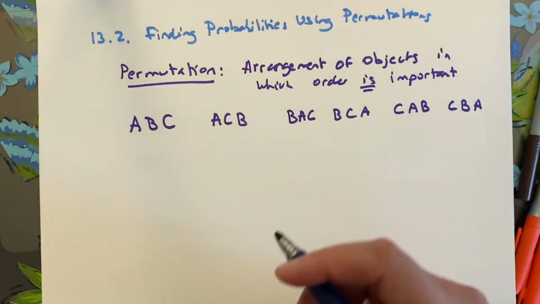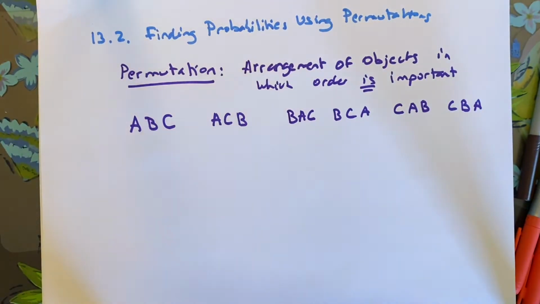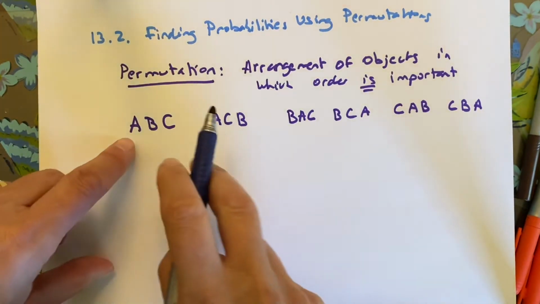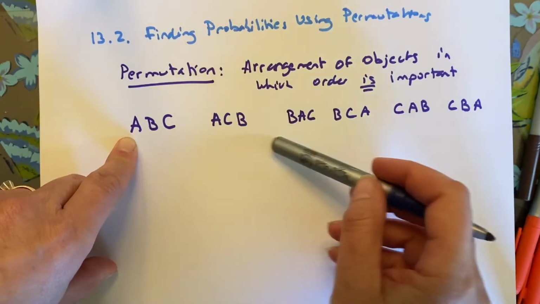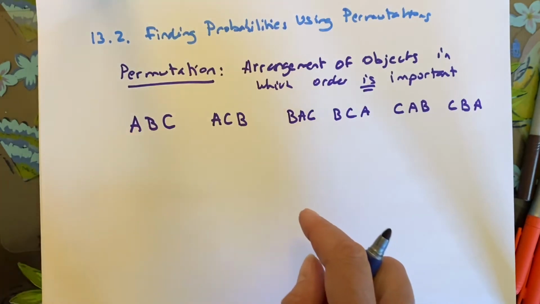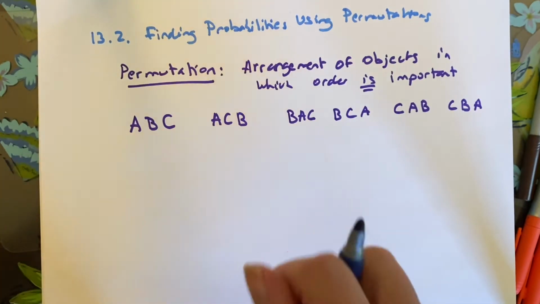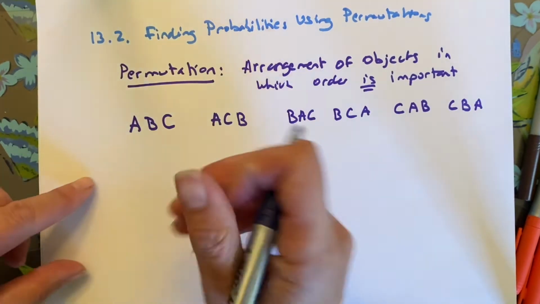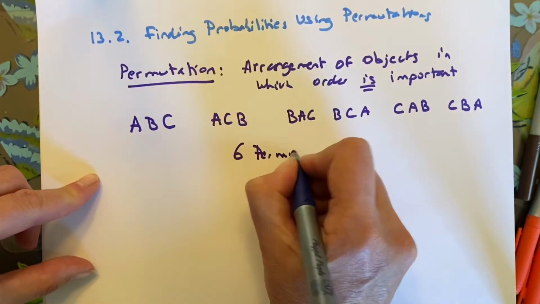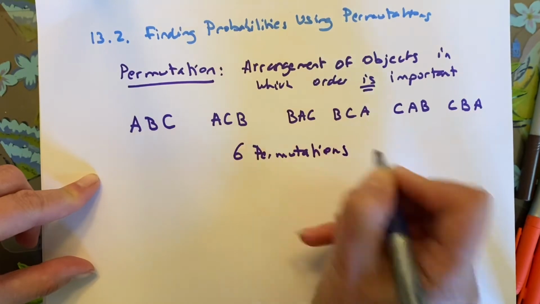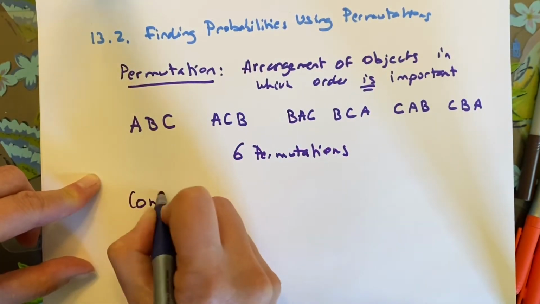But if we were talking about a combination, then we would say there's one combination. It doesn't really matter as long as you have the letters A, B, and C. If order doesn't matter, the answer is you have one combination, but you have 6 permutations.